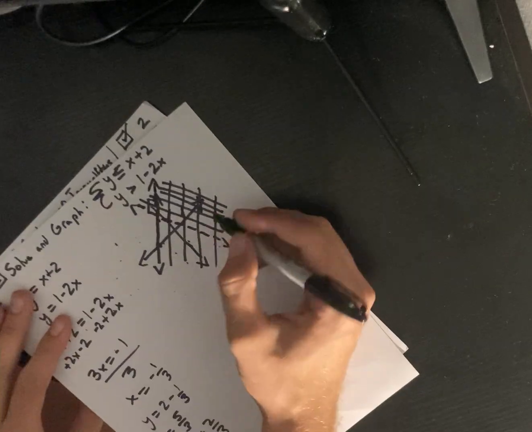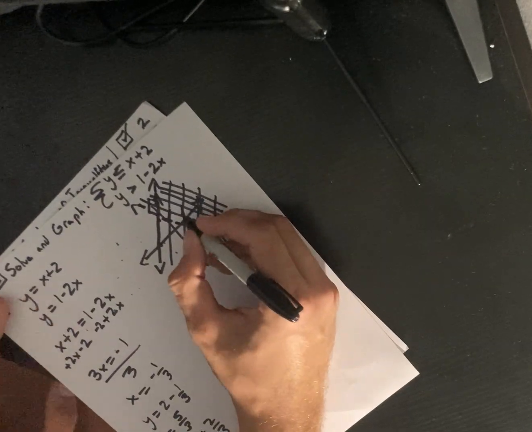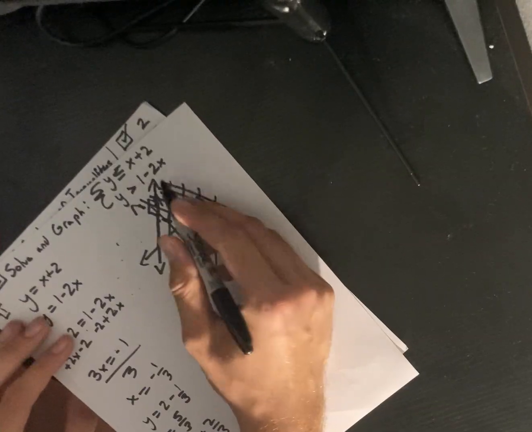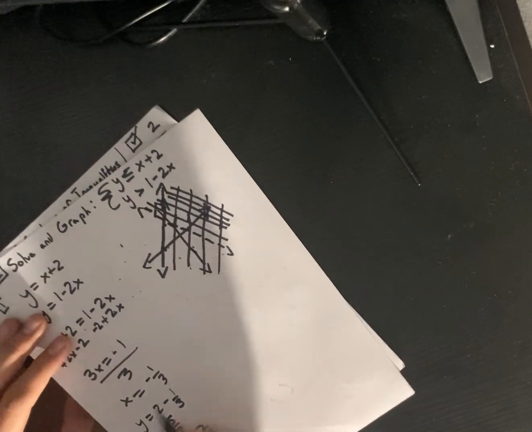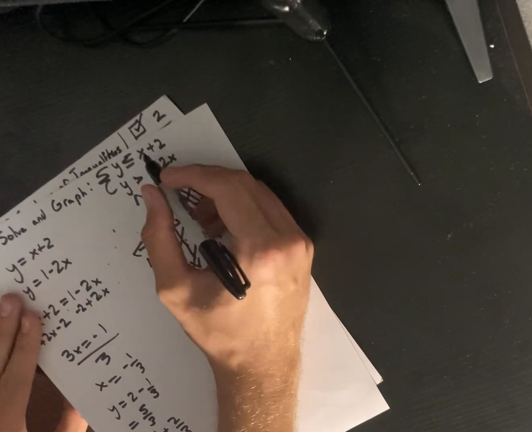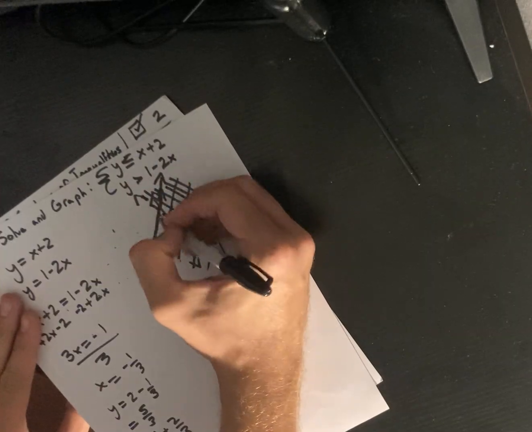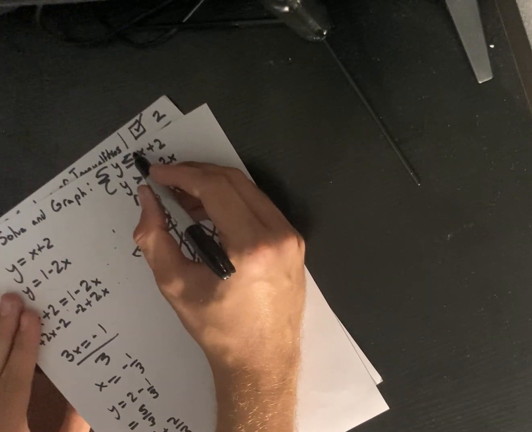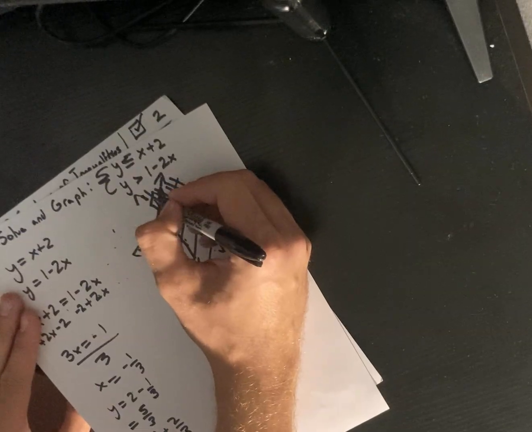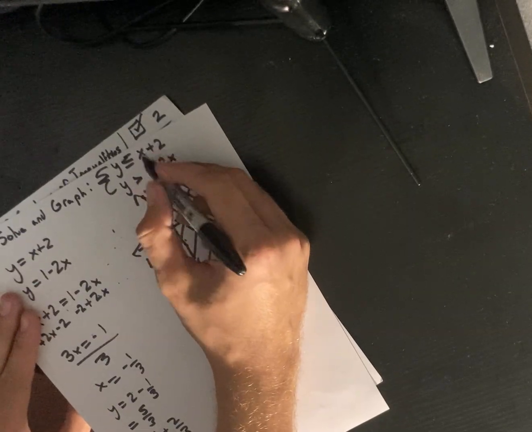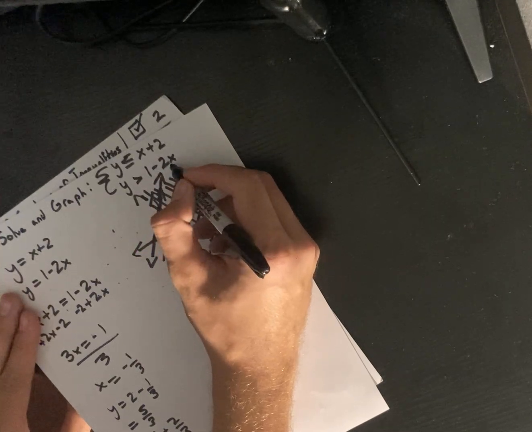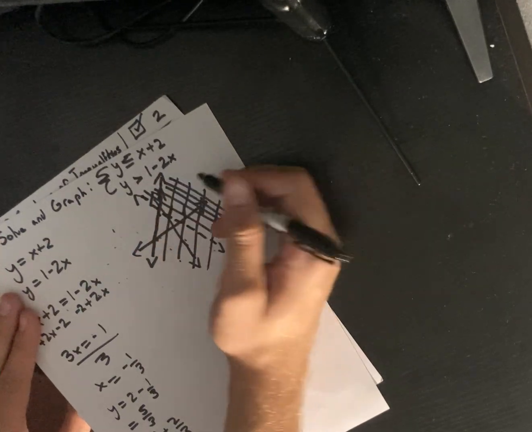And so if we pick a point like, say, x equals 2, since that is definitely in this range, we can say, okay, our upper bound will be this line since it crosses over to the top. Our upper bound will be 4, and 4 will be included since it's a solid line. But our bottom bound will be 1 minus 2 times 2.